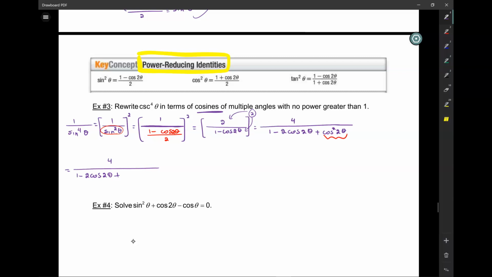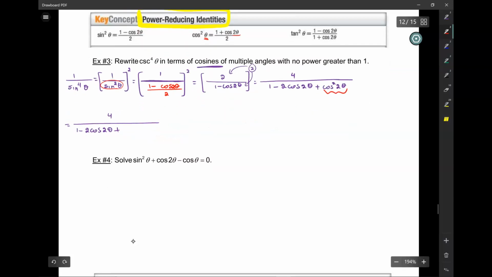So one thing the identity does, yes, it reduces the power, but what does it do to the angle? Doubles the angle. So if this is theta, it becomes 2 theta. If this was 3 theta, it would become 6 theta. Whatever the angle is here, it doubles there. So here, it's going to be 1 plus cosine 4 theta over 2.